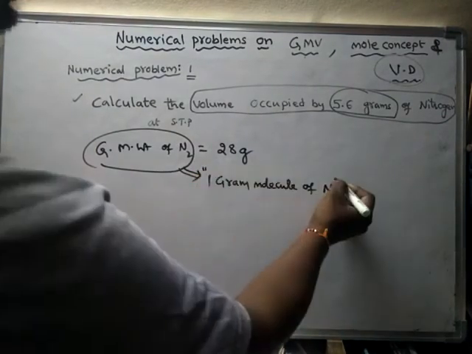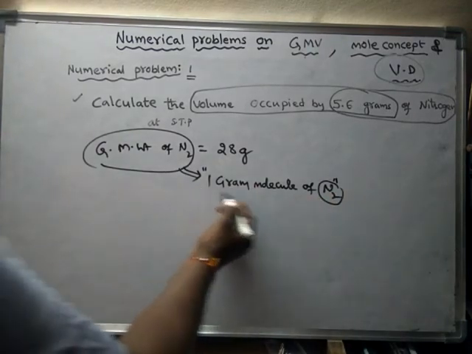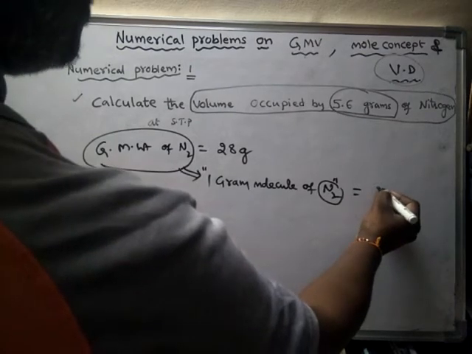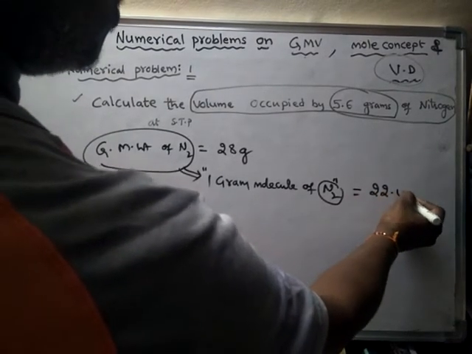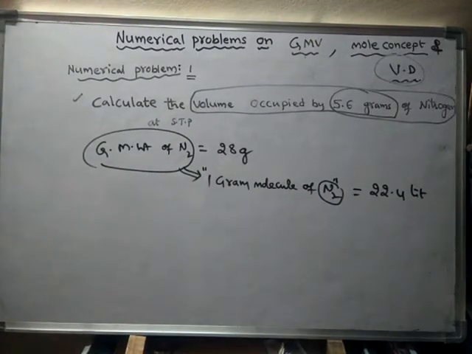But 1 gram molecule of any gas will occupy 22.4 liters of volume.